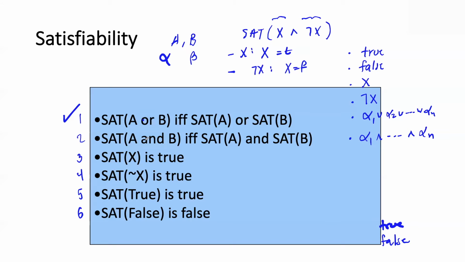There's no interaction between these two subformulas, and therefore I can solve them independently. Okay, you can see now, satisfiability on Boolean formulas is governed by 6 equations in this case, under decomposability.